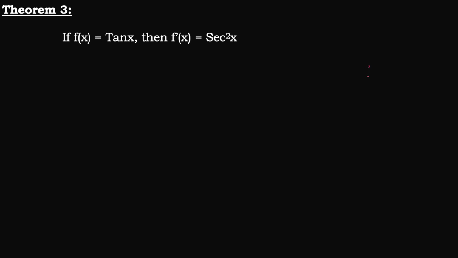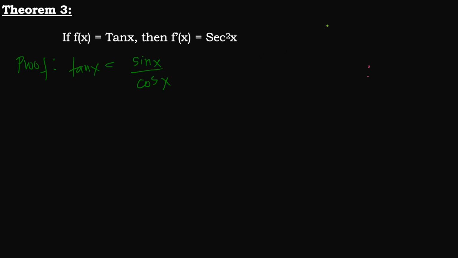The proof of this theorem is somewhat simple compared to the previous ones that we did for the sine function and cosine function, because the first step is to rewrite our function tangent x as the quotient of sine x over cosine x.